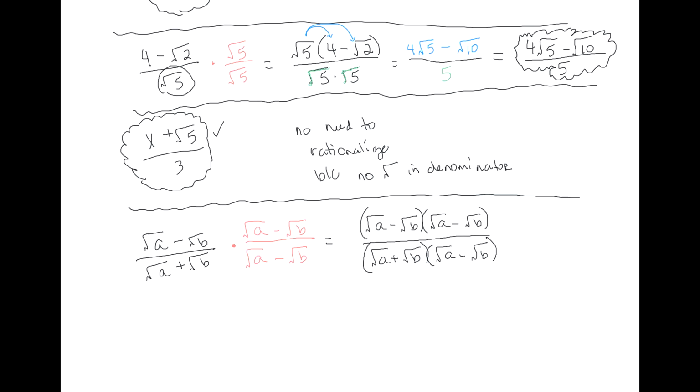Square root of A times square root of A equals just A, or square root of A squared. I guess we can come back and fix that. Or do you want me to write A times A? What's easier? You want me to write A squared or A times A?